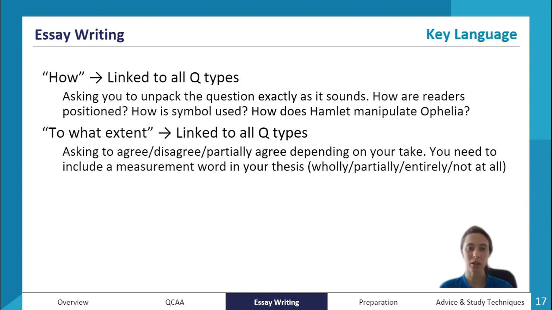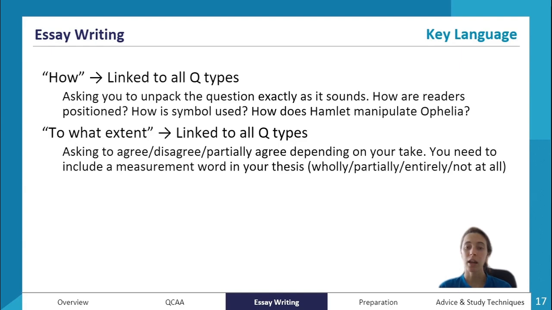"To what extent," on the other hand, may be a little bit more uncommon, a little bit less familiar to you. It is also linked to all different question types, and it's asking you to agree or disagree, or partially agree or partially disagree, with the statement that you are given. So usually it's going to state something as fact, and you need to take a position on that.